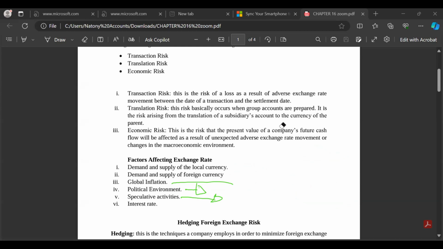Speculation basically arises as a result of a particular piece of information. So the moment the information got to the markets, everybody wanted to start selling off their dollars so that they would not make a loss.